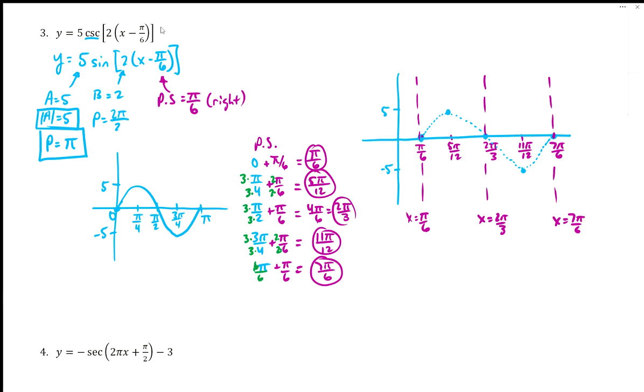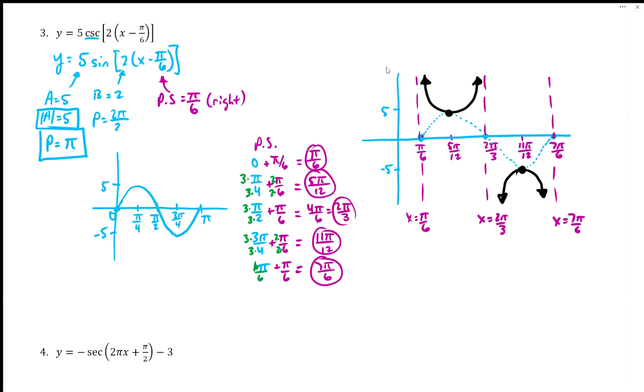And then we'll find our shared points, those peaks. There they are. And then from each peak, draw away from the sine curve to the asymptotes. There we are. Okay, so there's the completed shifted cosecant curve.